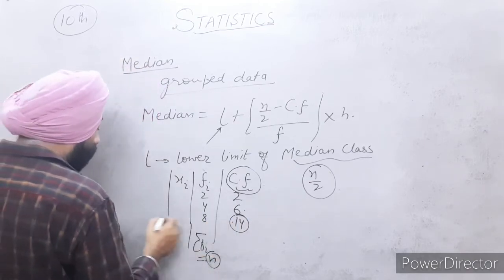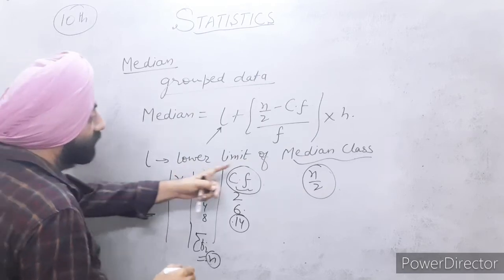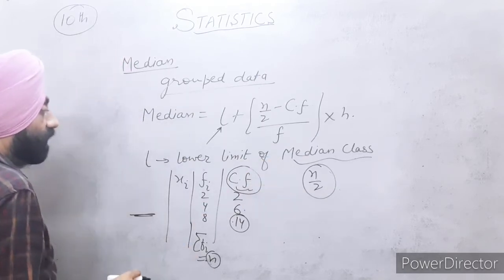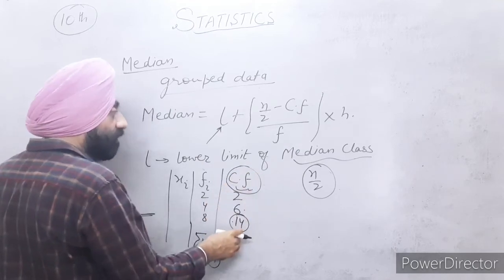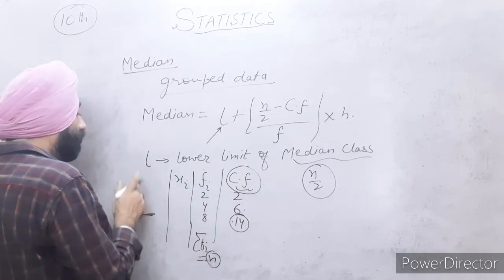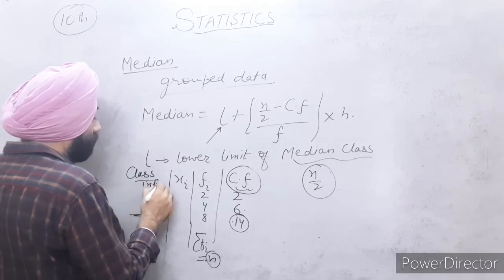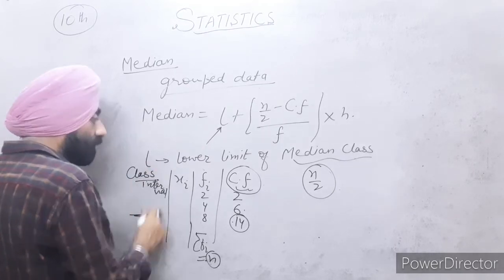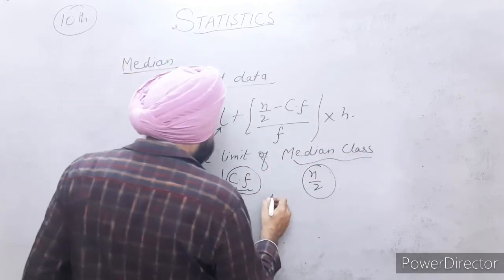In front of it, that class interval will be taken as the median class. So we locate the value in the CF column and then locate the median class in the class interval column. Once we get the median class, then again it's the same.